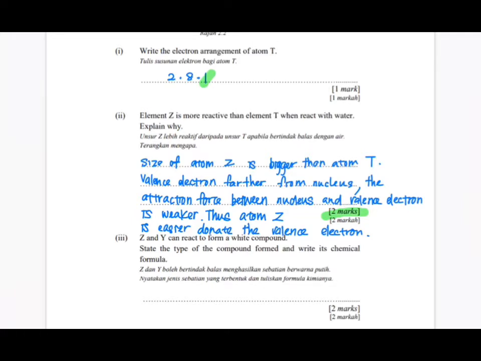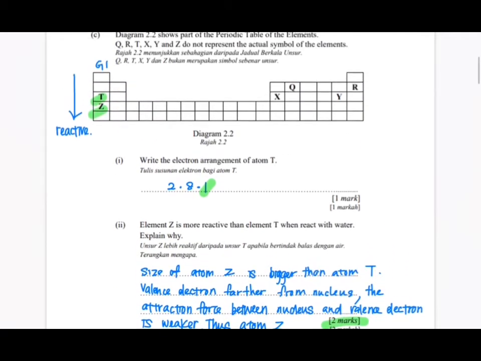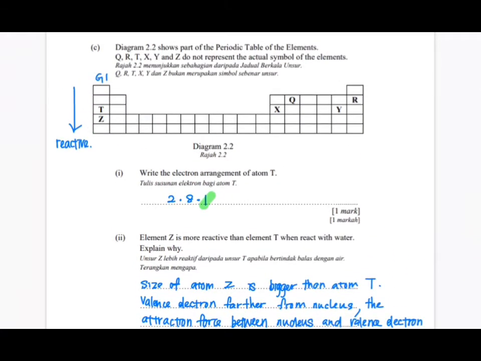State the type of compound formed and write out the chemical formula of Z and Y. Z is group 1 and Y is group 17. Group 1 is a metal and group 17 is a non-metal. So metal and non-metal will form an ionic bond. So they will form an ionic compound.